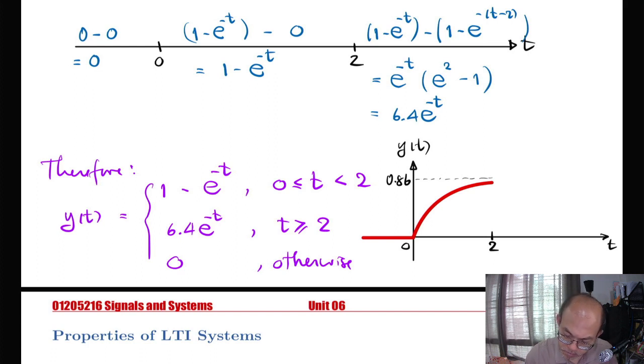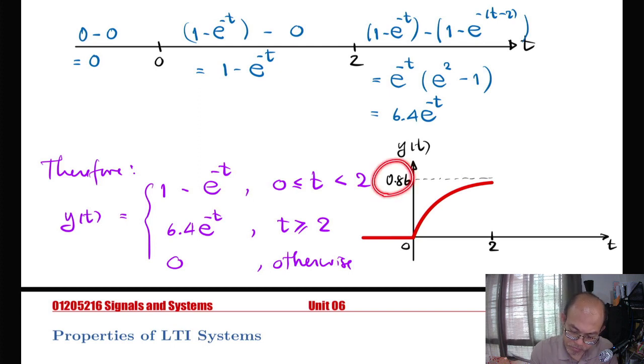Now from time 2 on, we have this. Let's check. If I plug into this, I'm going to get 6.4 times e to the minus 2.